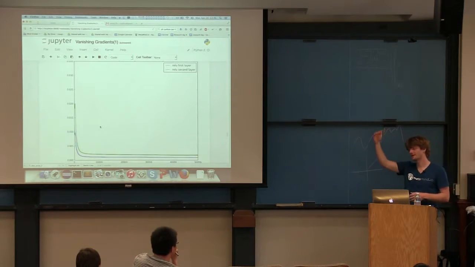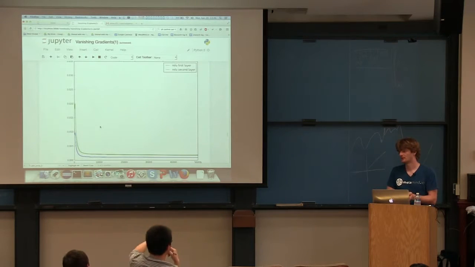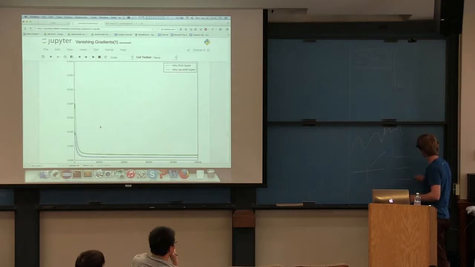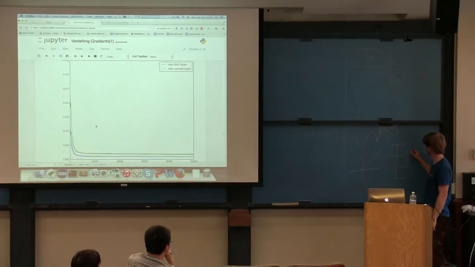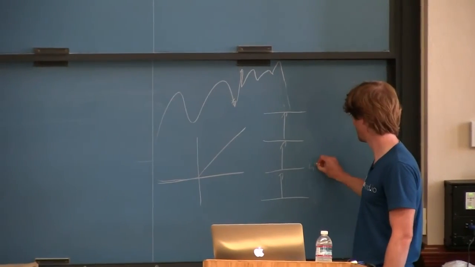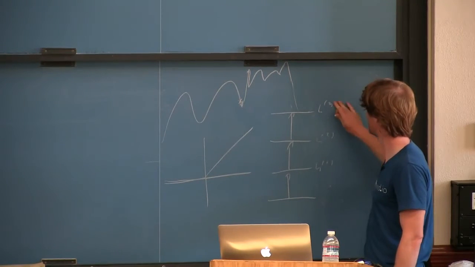Yeah, so the main error that you have is at the top of this network, and then as you go down, the gradient vanishes as you go deeper and deeper. We usually call this here the highest layer, and this one is the first layer. So this is H1, H2, H3.